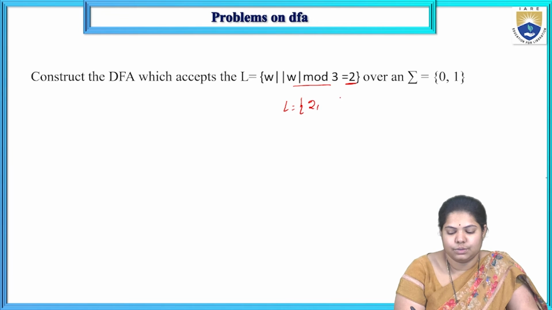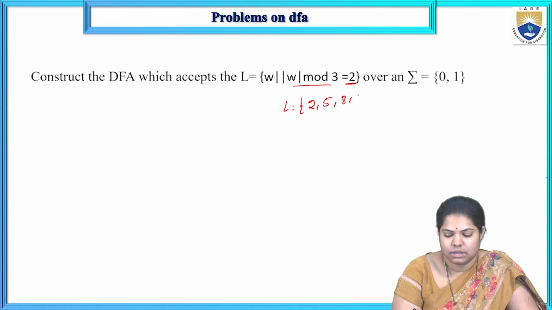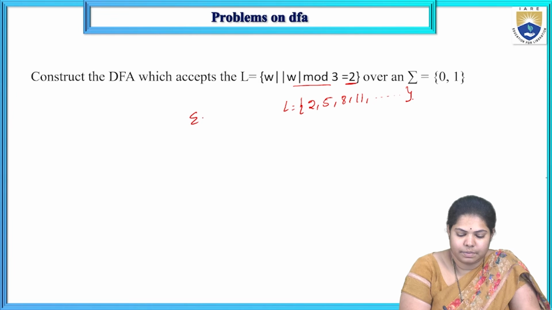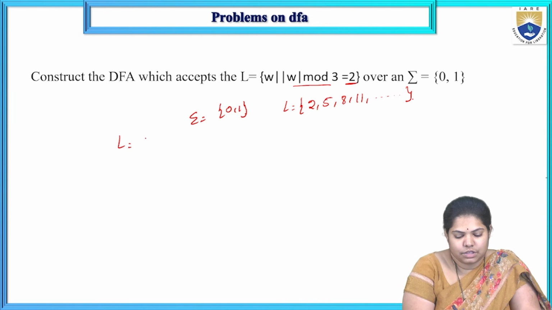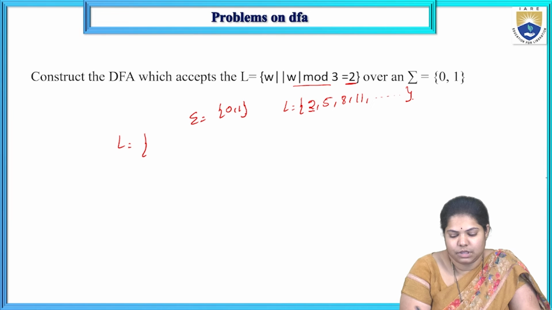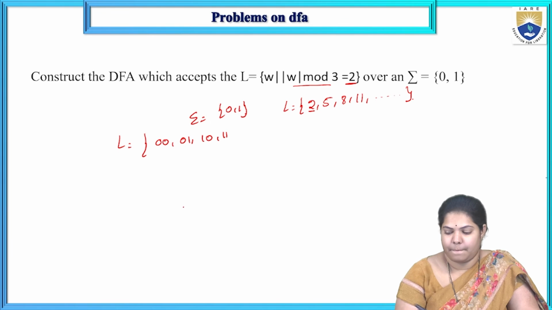That is 2, 5, 8, 11 and so on. So here the input symbols are 0 and 1 and the language starts with the 2 length strings 00, 01, 10, 11.